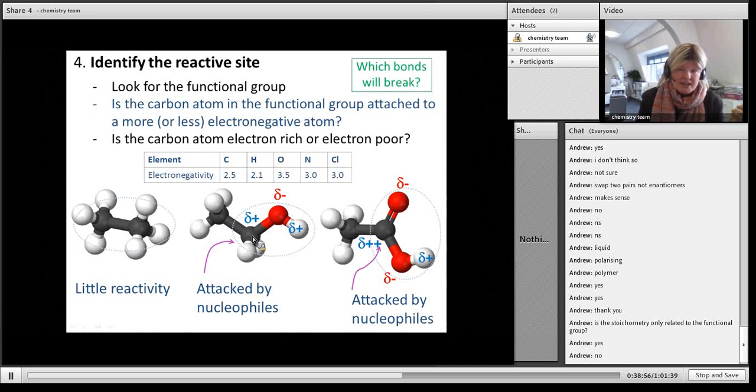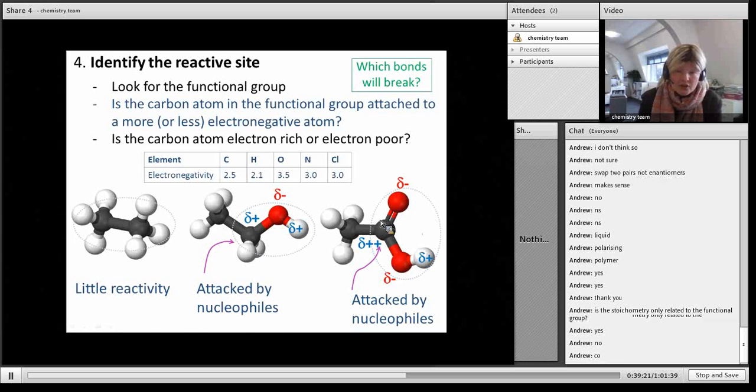The CH bond we know is not particularly polar either, and if it had to come off, the hydrogen would come off as hydride. Hydride is around, but it's not as common as OH minus. It's a much stronger base than OH minus. So the most polar bond is going to break. Now, in this one, which bond is going to break? The double bond, the carbon-carbon bond, or the CO bond over here?